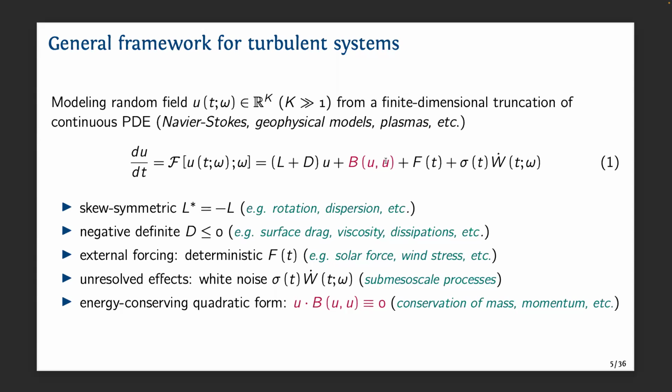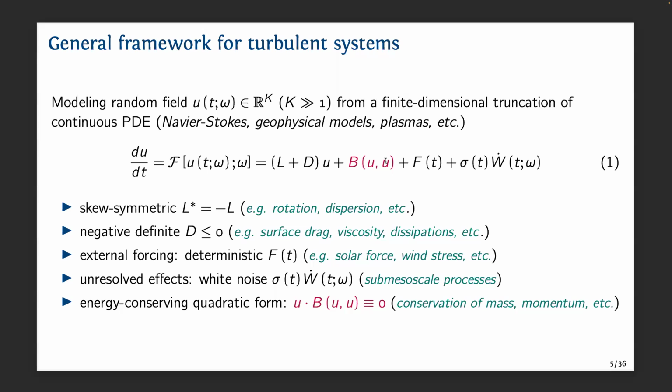The idea is the first step we will always need to introduce some discretization or finite spectral truncation of the continuous system and project it into, like, the Galerkin or Fourier modes or finite element grid point values, and it will always end up with a finite dimensional vector field, but the dimension of the system will usually be very high, right?